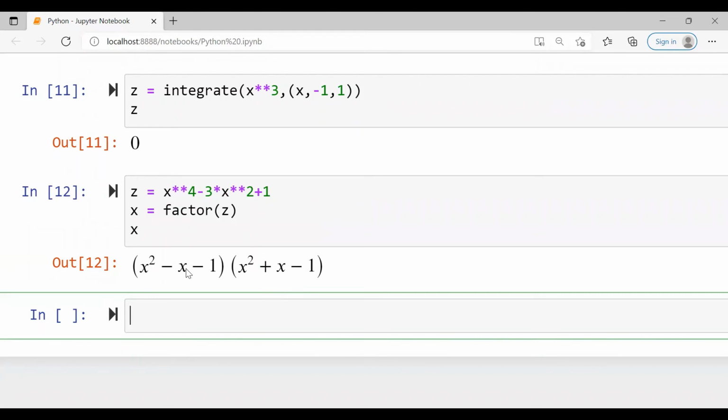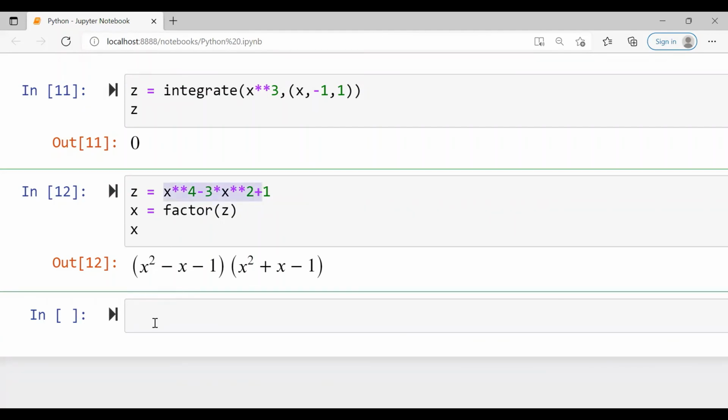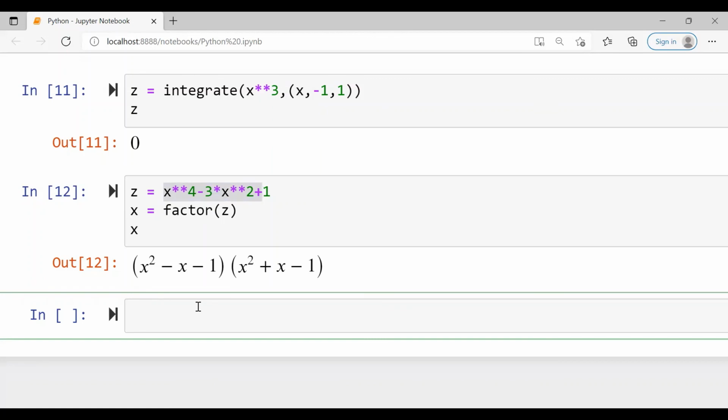We can multiply and add and check whether we got the same expression or not. So that is the factor.